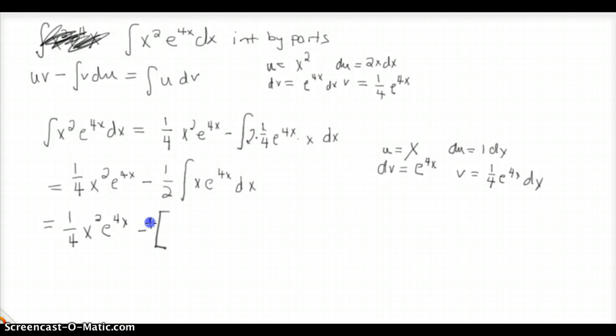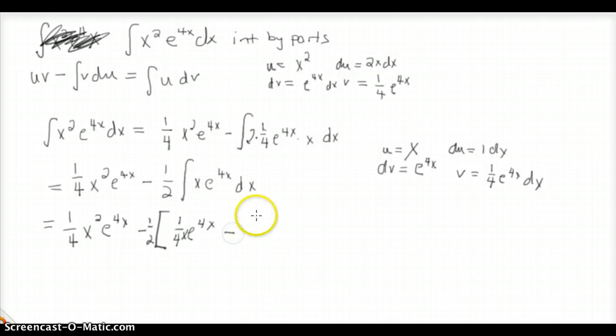And don't forget, we have that 1/2 out here still. So here's 1/4 e to the 4x, and we'll put the x out here, right, u times v.